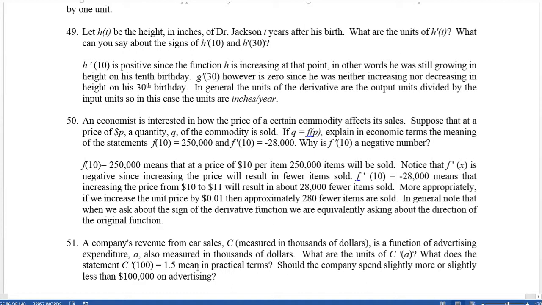We always have to be careful whether we're talking about the function, the first derivative, or the second derivative in these problems. So, this says that the input is 100. What is that? $100,000 is spent on car sales. So, at that point, the instantaneous rate of change is $1.5 thousand per $1,000, or just dollar per dollar.